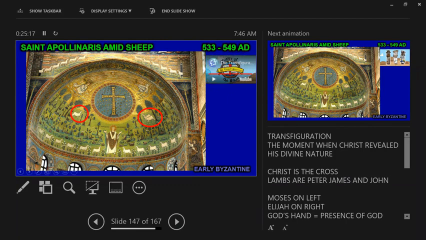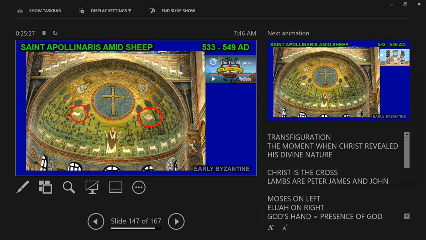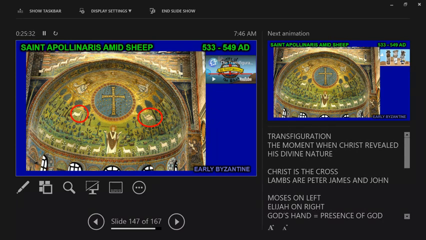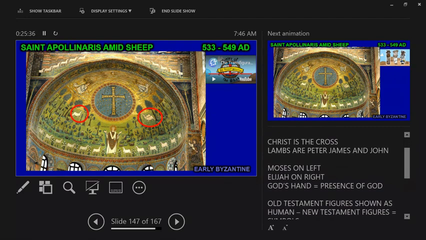All right, so this story of the Transfiguration shows up a lot in these early Christian churches, in the mosaics and in artworks. The Transfiguration is the moment when Christ revealed his divine nature. So in this apse, Christ is the cross.